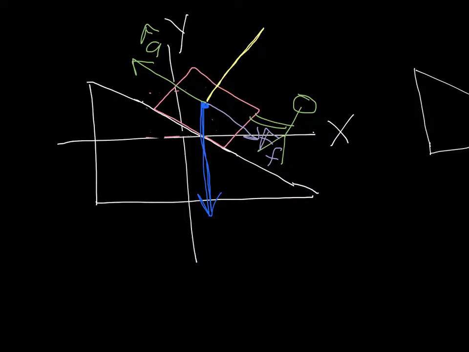If I drew it all the way down, it would have to make a right angle with the surface. And so now I've got this force that's also at an angle. And now we've got only one force that's not acting at an angle to the x and y.